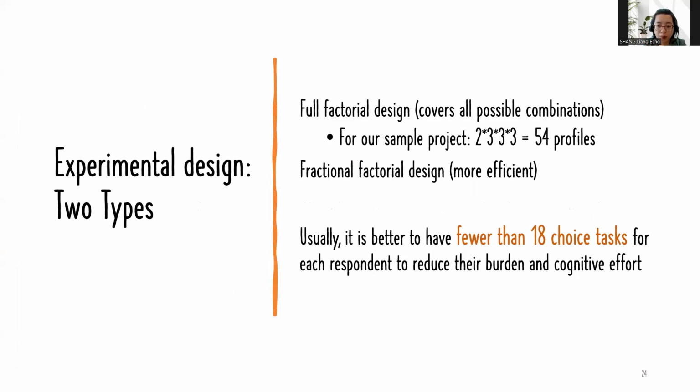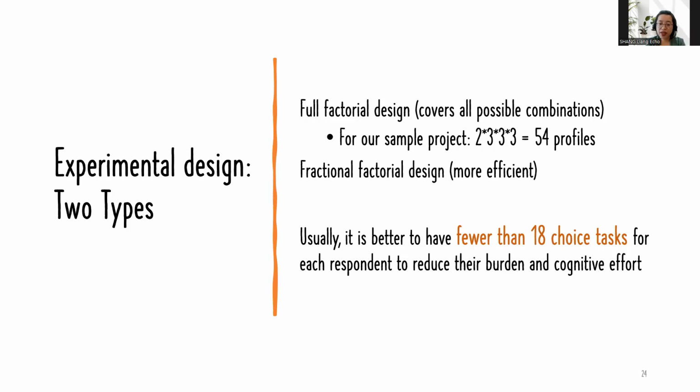And if we adopt a 2 alternative design, which means that we combine two alternatives in each choice set, then we will have a total of 27 choice sets for each respondent. That is a lot of work. That is a lot of questions to be involved in a questionnaire.